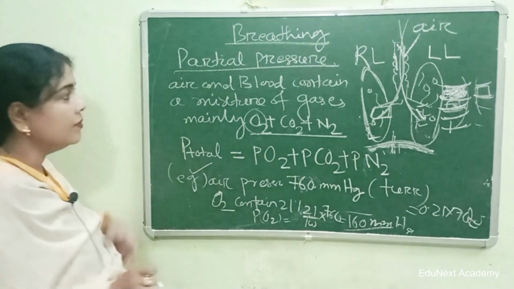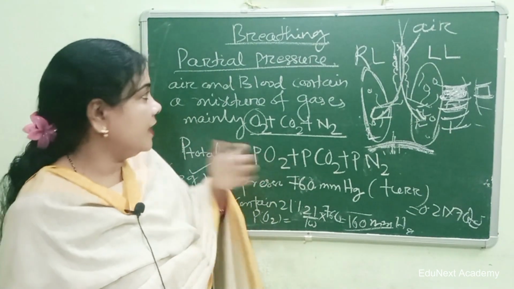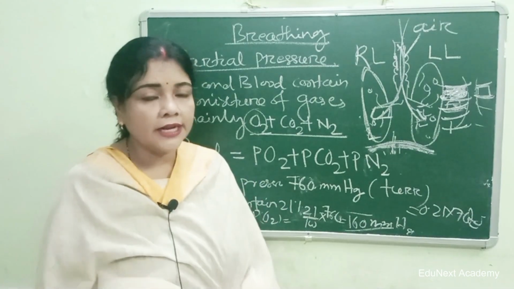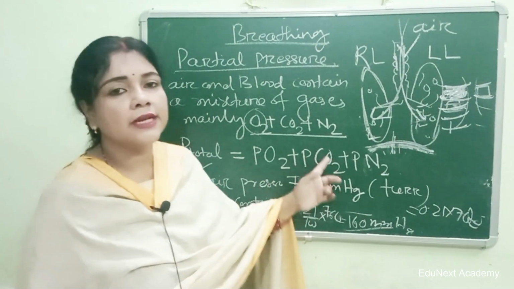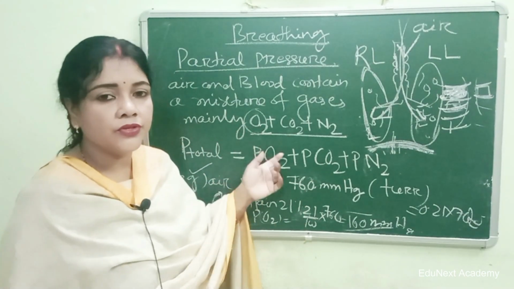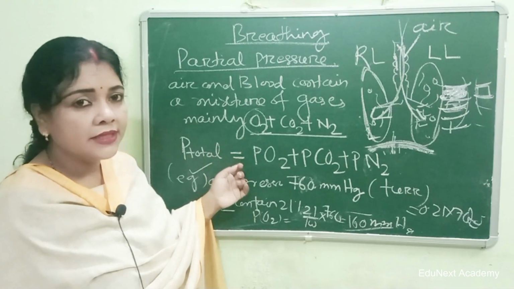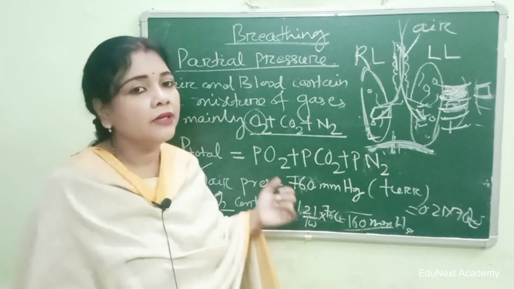Now, partial pressure is not the whole total pressure exerted by the air that we are taking inside. The air is a combination of oxygen, carbon dioxide and nitrogen. Whenever we calculate the individual pressure of an individual gas, that is known as the partial pressure of that particular gas.